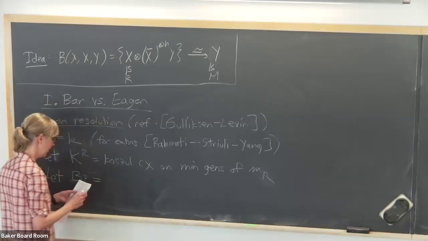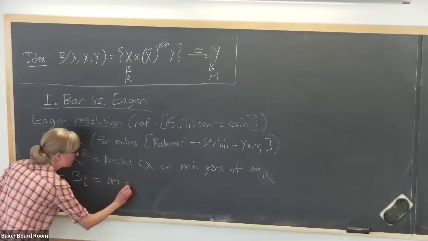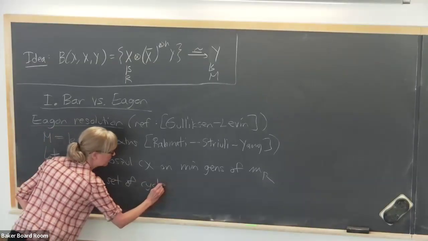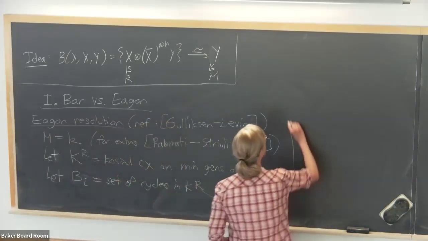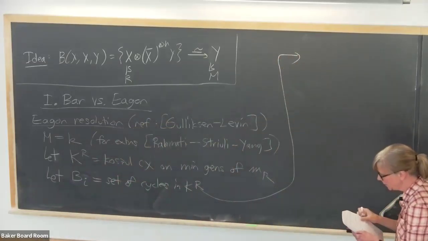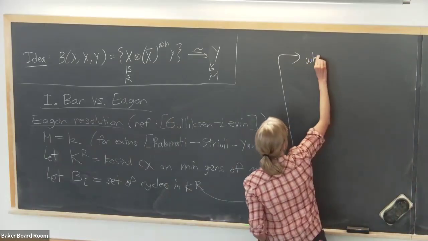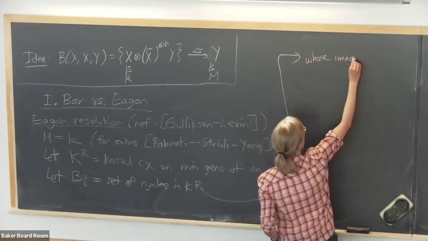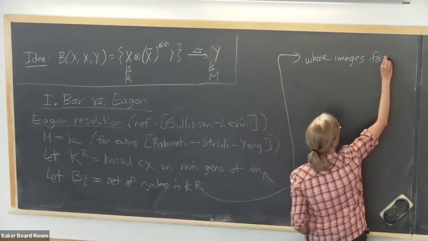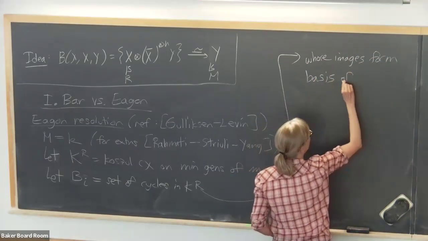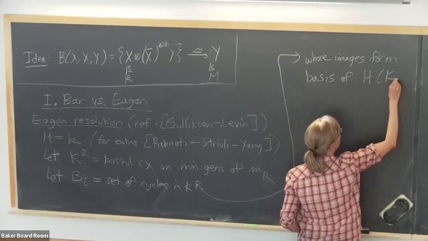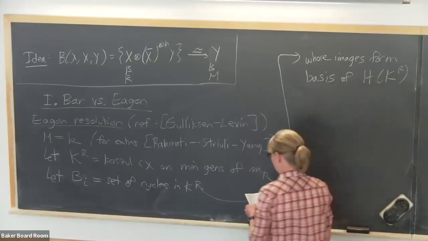So this is a set of cycles in K^R, whose images form a basis of the Koszul homology, the homology of this Koszul complex.